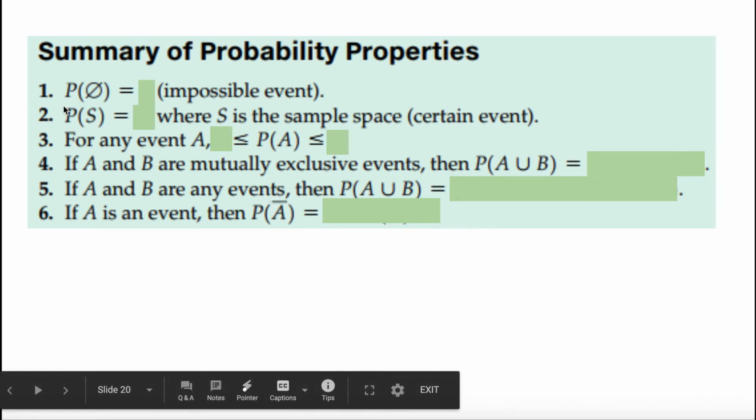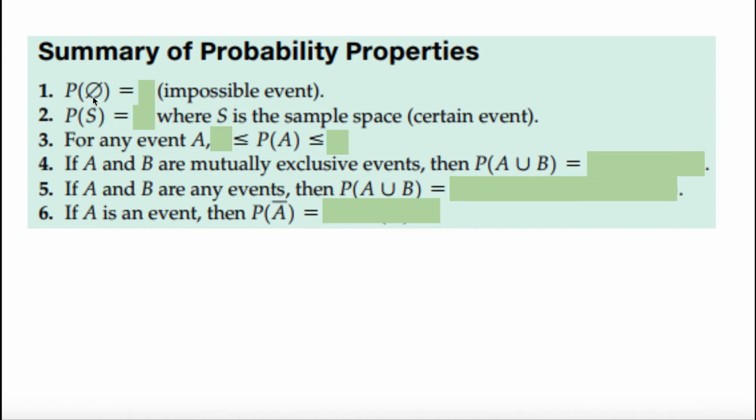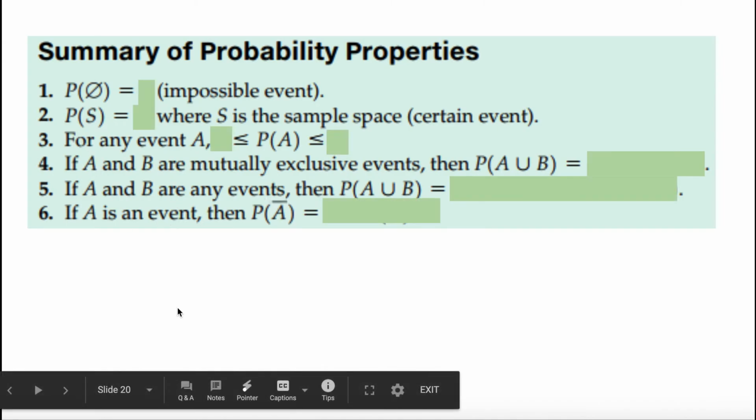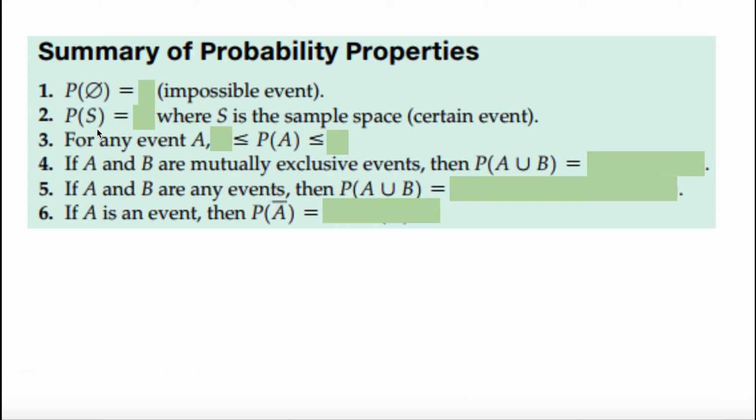So let's go back here. P of the empty set. So the probability of there being nothing in it in the sample space. The probability of nothing happening should be 0 because it's an impossible event, right? How about the probability of the sample space?